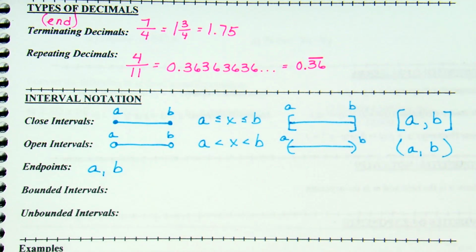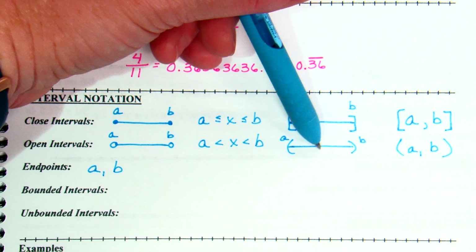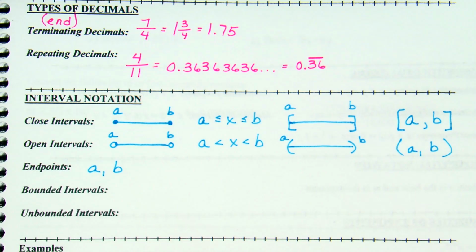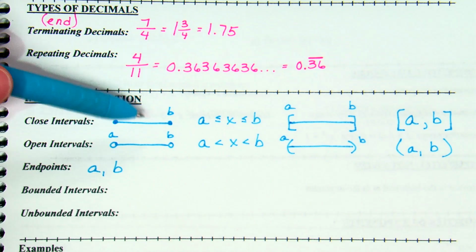Okay. Bounded versus unbounded intervals. If something is bounded, that means it has endpoints. What was I just showing you above? Did these have endpoints? Yes, these have endpoints. These are bounded intervals. So a bounded interval can be a closed interval where the endpoints are included, or it can be an open interval, such as above.